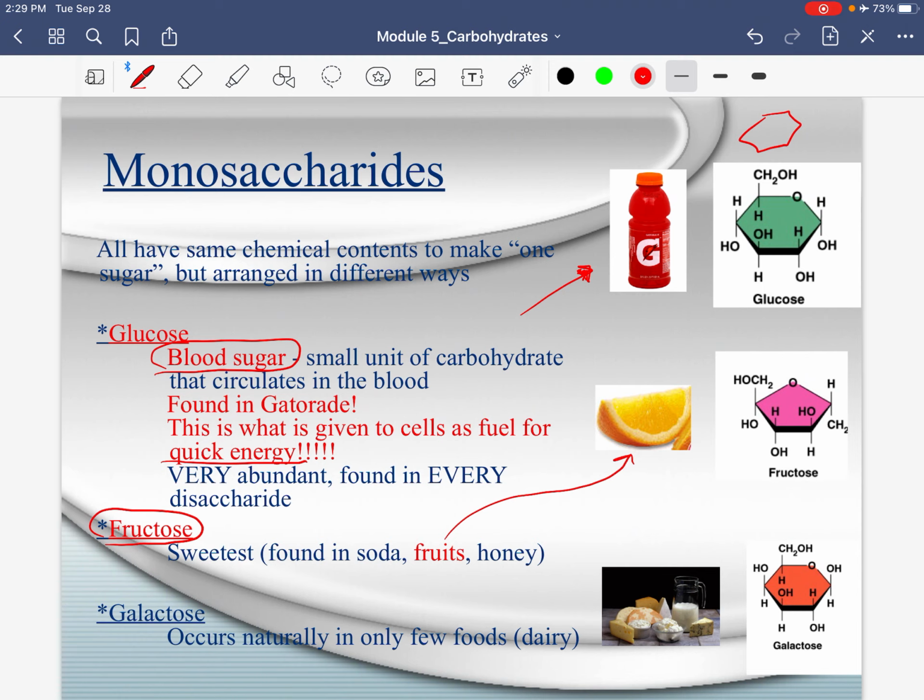But fructose is that type of monosaccharide. Galactose is the other monosaccharide that you don't need to know about. So be able to give an example. Glucose is our blood sugar found in Gatorade. Fructose is also a monosaccharide, and it's what we find as a natural sweetener, for example, in fruits.